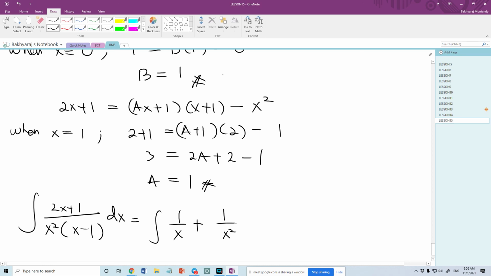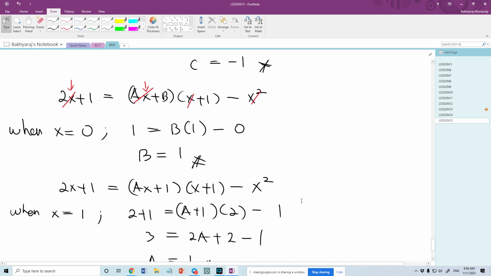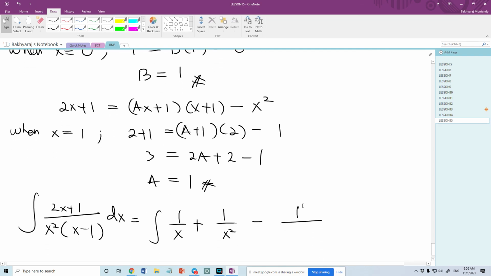So negative 1 over x minus 1 dx. So you see it becomes a simple partial fraction. Simple fraction lah, so it's easy to integrate.